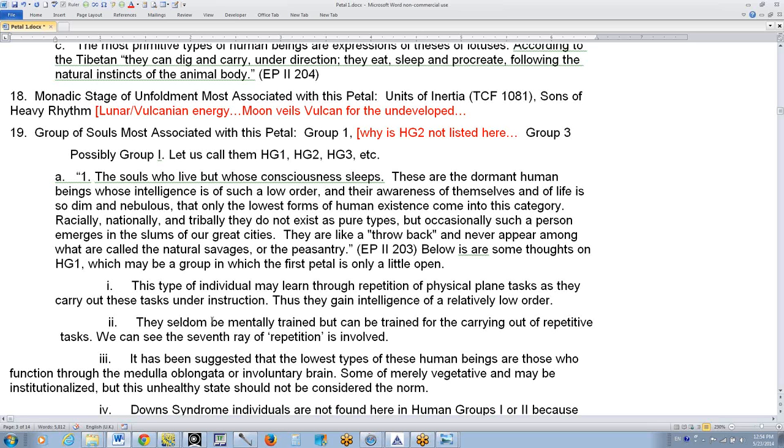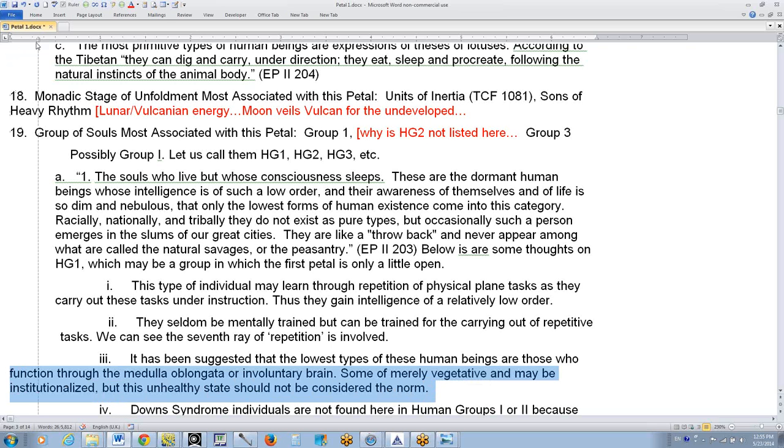Okay, it has been suggested that the lowest types of these human beings are those who function through the medulla oblongata or involuntary brain, some of them merely vegetative, maybe some of the very, very first groups. First group, HG1, may be vegetative and may be institutionalized, but this unhealthy state should not be considered as the norm.